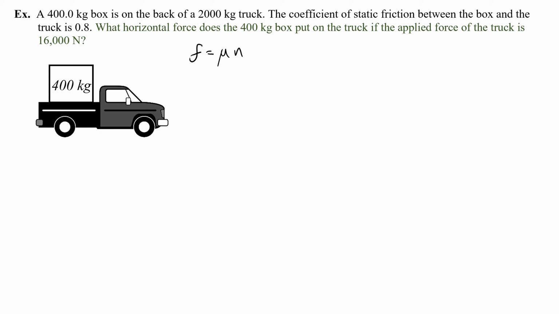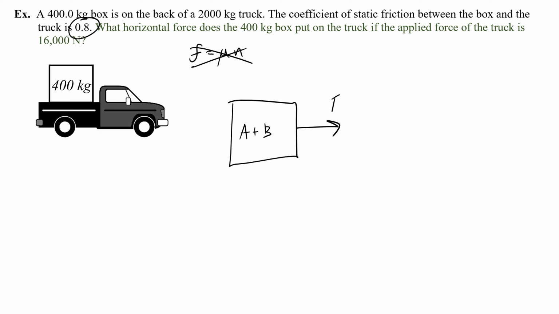But basically, this problem is a little bit different. Instead of using the static coefficient of friction, let's start here. Let's pretend we have both objects, A plus B, being accelerated by this force of 16,000 newtons.